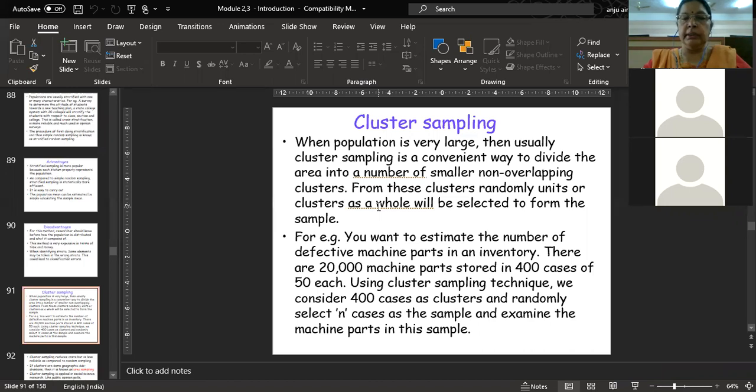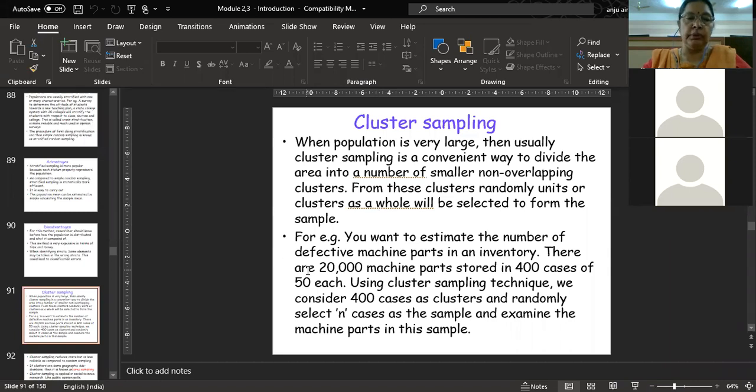So there are 20,000 machine parts in those 400 cases. Then you apply the cluster sampling technique, and each case you will take as a cluster. So each case of 50 each, you will take as a cluster, and from each cluster you will randomly take out some machine parts to be included into your sample.